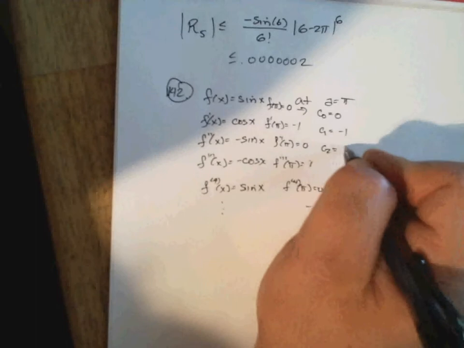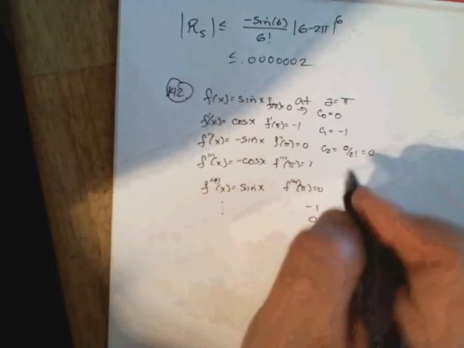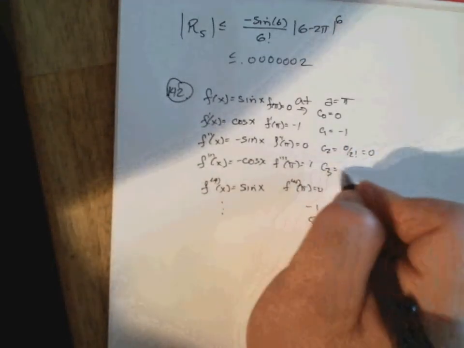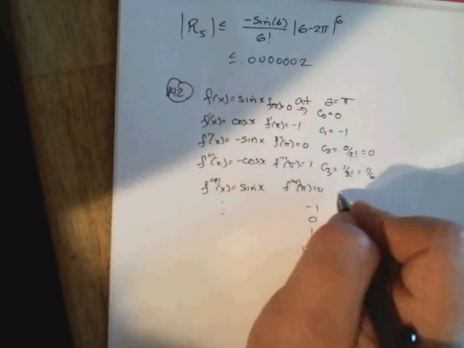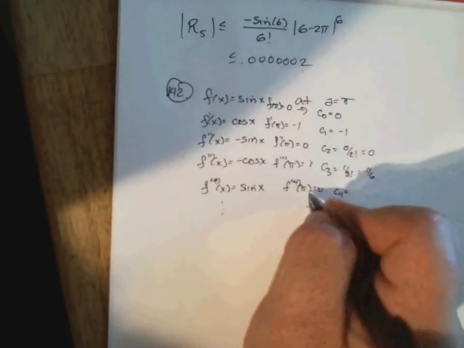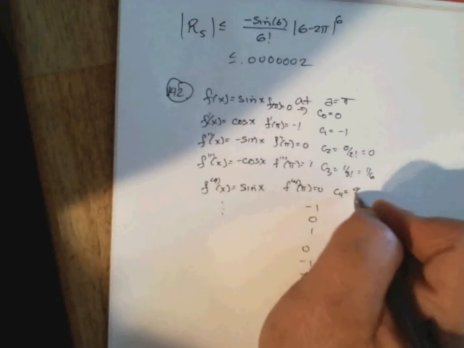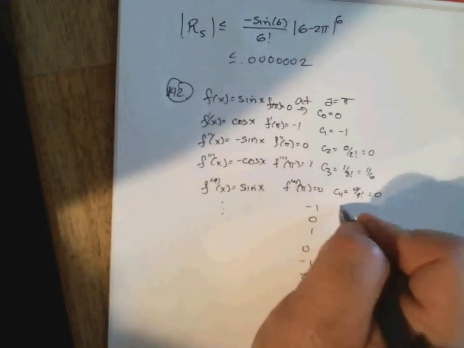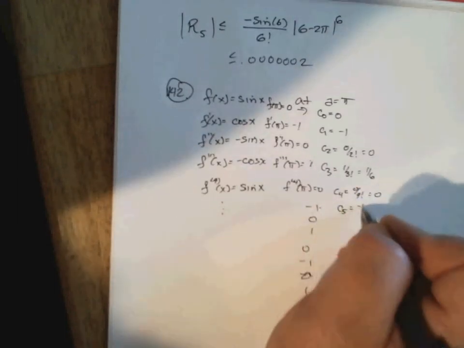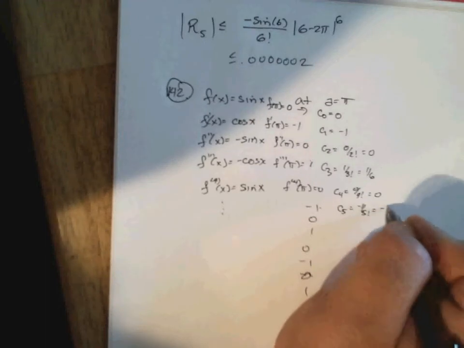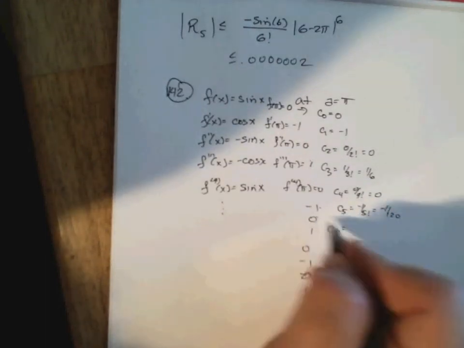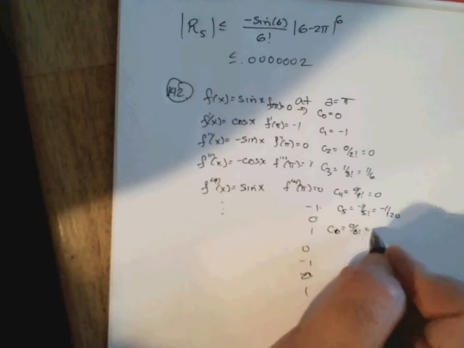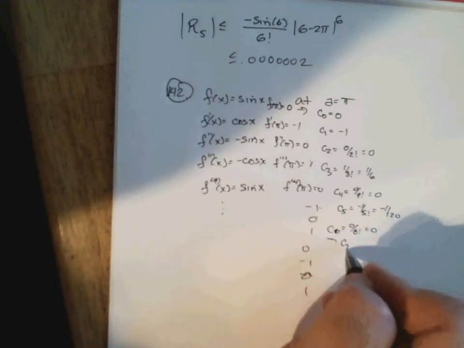Okay? So now find your C's. C0 is 0. C1 is -1. C2 is 0 over 2 factorial, which is 0. C3 is 1 over 3 factorial, is 1/6. F4 gives you C4. 0 over 4 factorial is 0. C5, -1 over 5 factorial is -1 over 120.